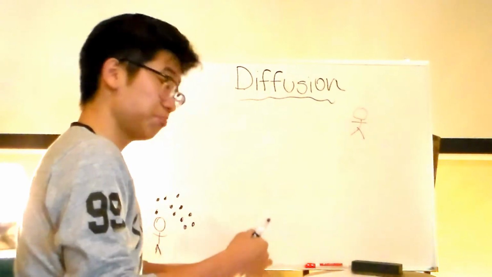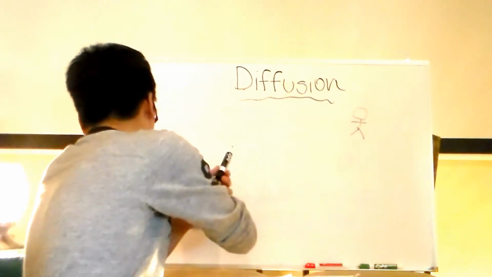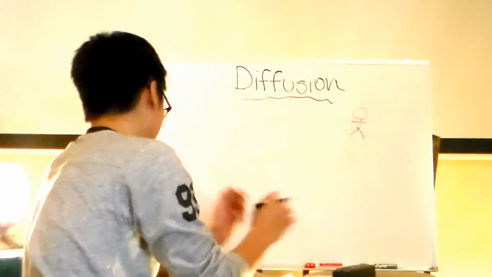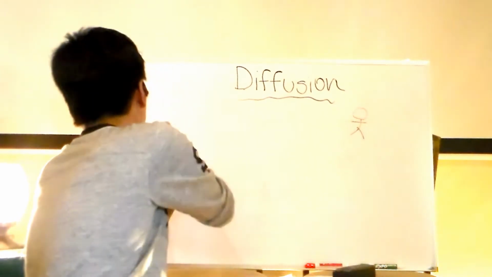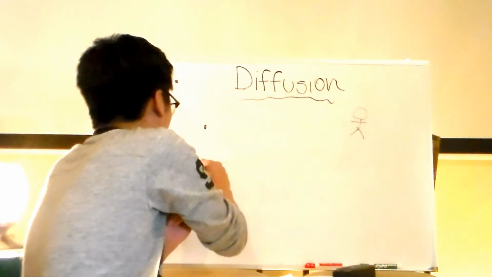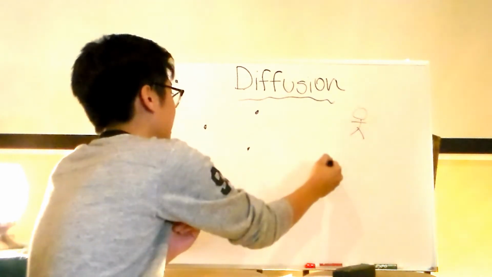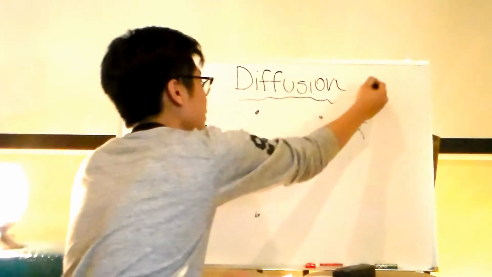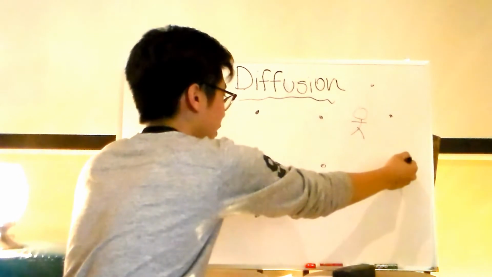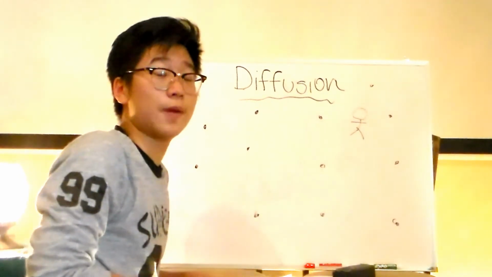So as time goes by, we're speaking a matter of seconds, the particles will bounce off each other and spread out across the room until equilibrium of the particles is reached, as you can see here. And this enables the kid in the corner to smell the perfume, because clearly it is diffused throughout the entire room in an equal pattern.